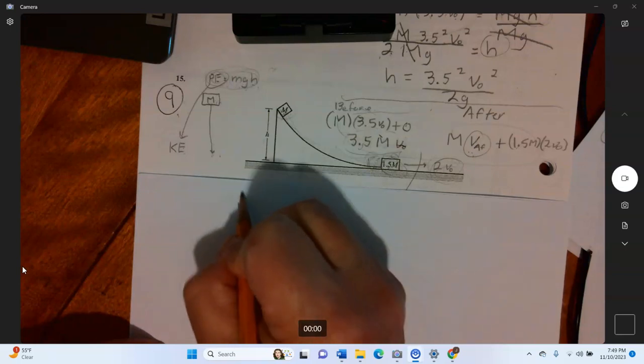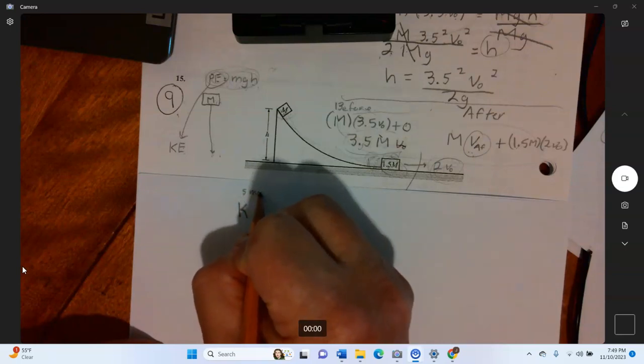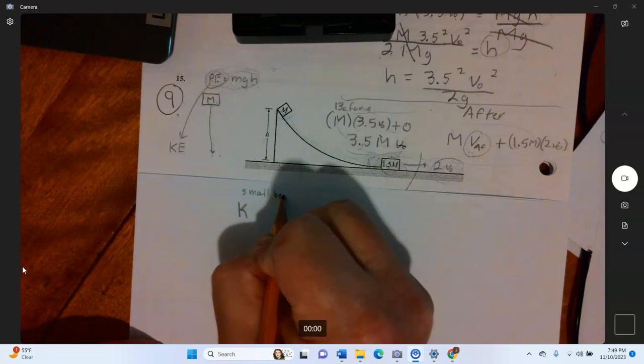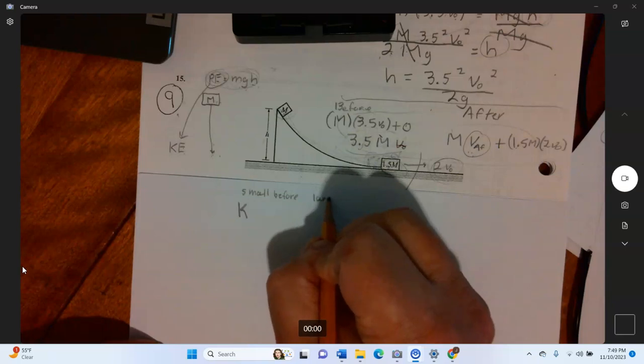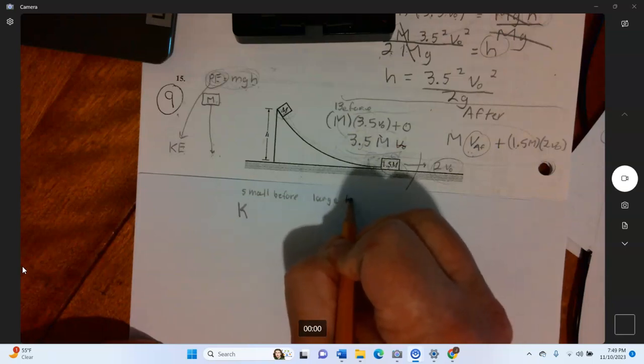of the small block, so this is the small block before, and large block before, so let's figure those out.